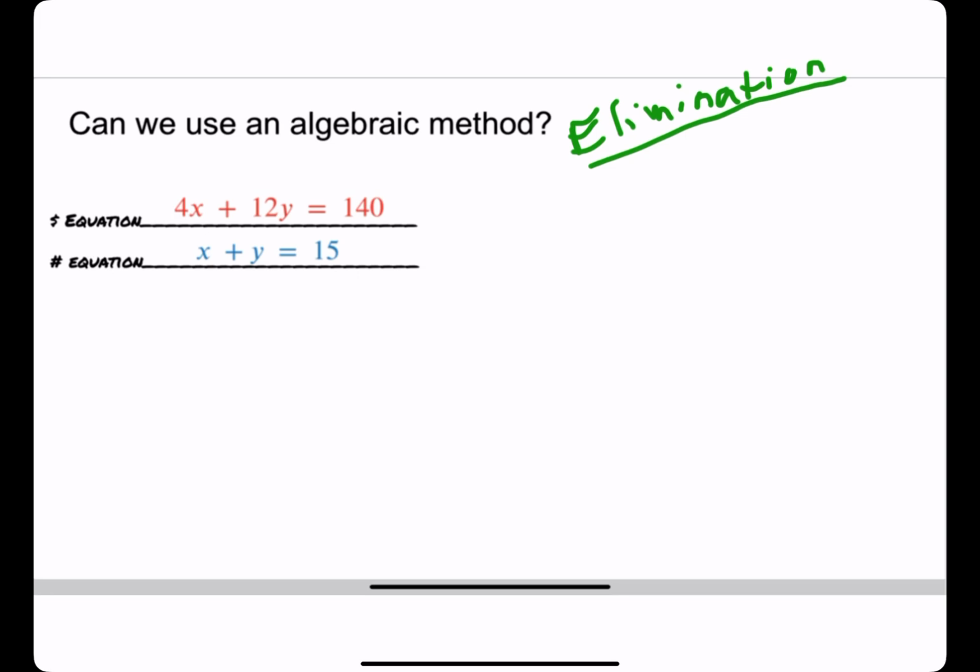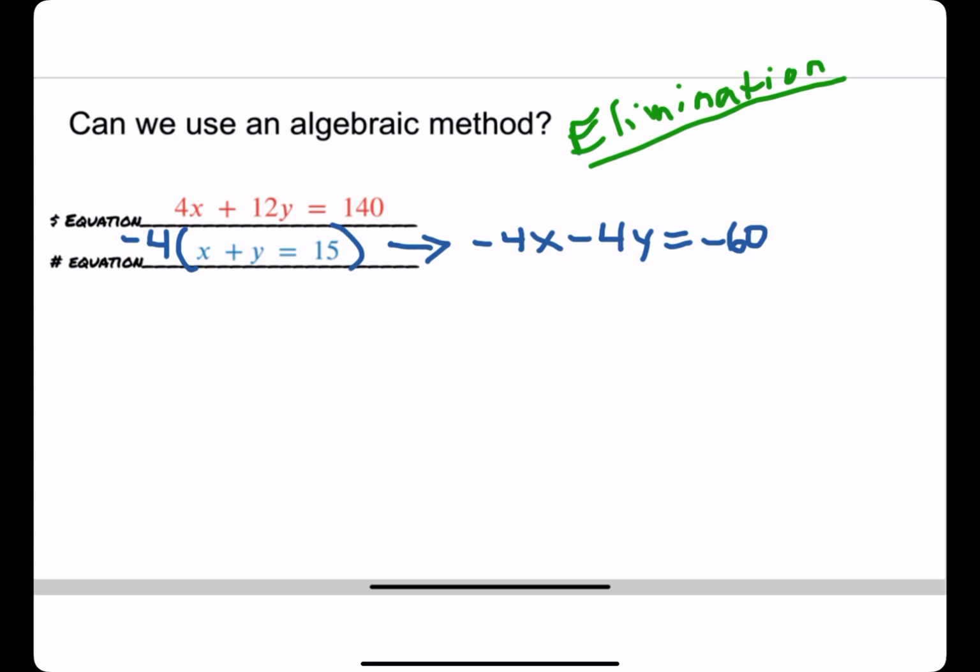So if I take my second equation, x plus y equals 15, and multiply through by negative 4, I would end up, remember you have to distribute the negative 4 to all 3 terms, with negative 4x minus 4y equals negative 60. Now, why did I do that, you may ask?